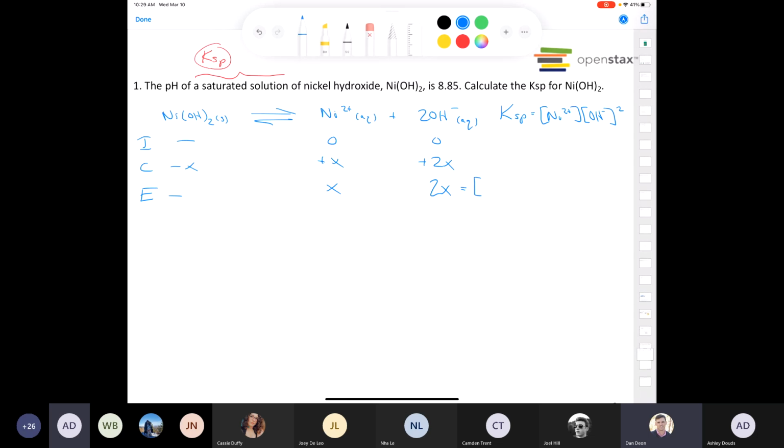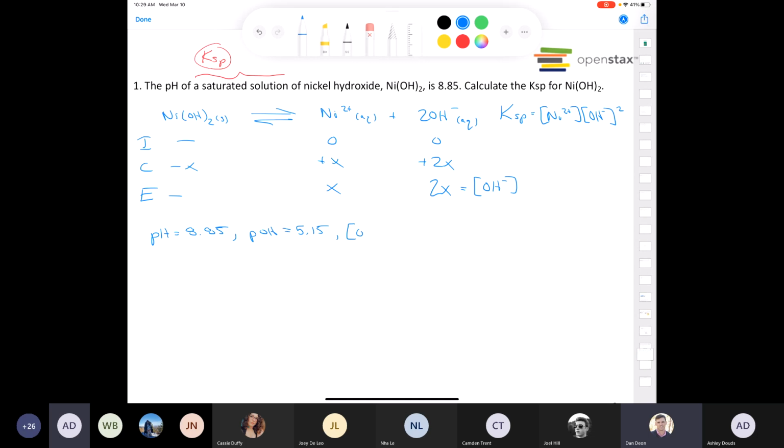But we can figure out what the concentration of the hydroxide ions is, can't we? We can figure out what 2x is equal to because we know that if the pH is equal to 8.85, the pOH is going to be equal to 14 minus 8.85, which is 5.15.